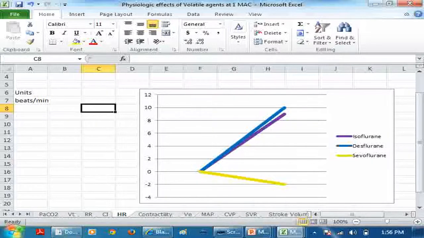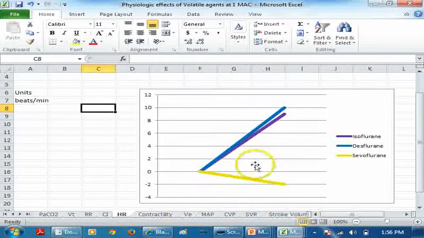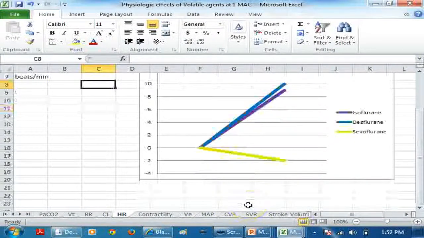Well, look where they all start. I put where they start versus where they end. They don't all start at the same place. All right. But I'm telling you, DES will increase heart rate. ISO will do it, but DES will do it as well. So he's at 1.5 Mac. Just comparing, the one you're looking at is at 1.5 Mac. It is consistent with the whole picture.